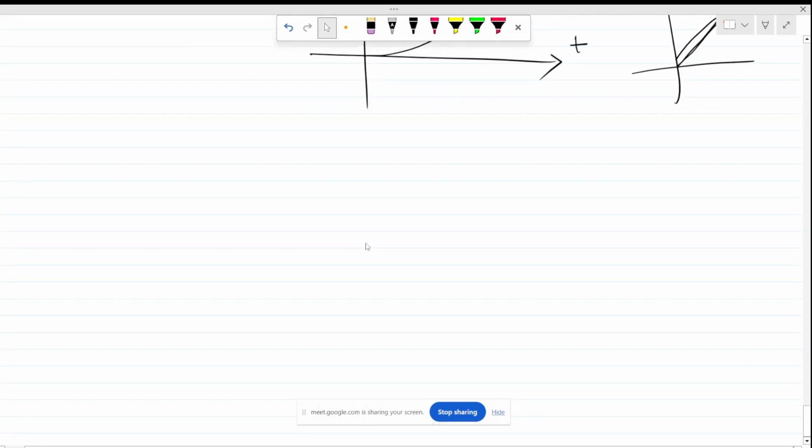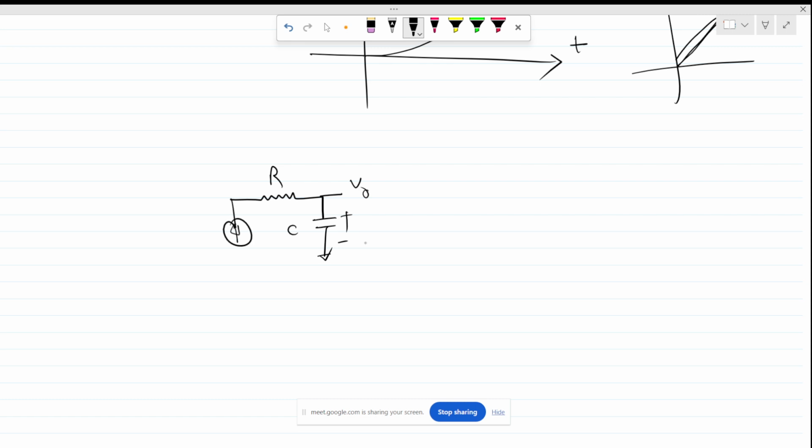Now if I make the circuit with a modification, what will be the case here, under the same condition?